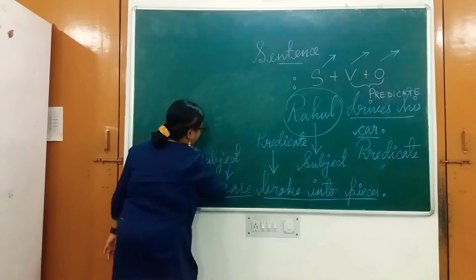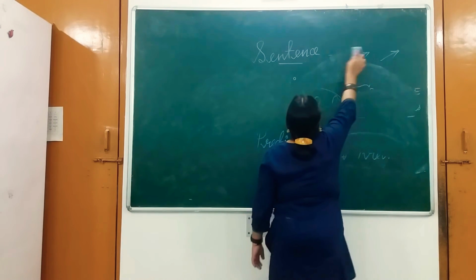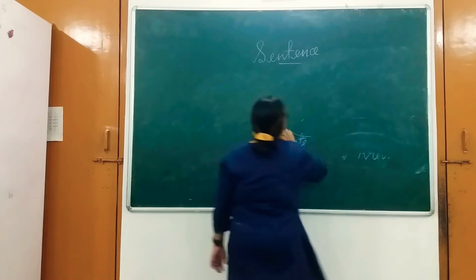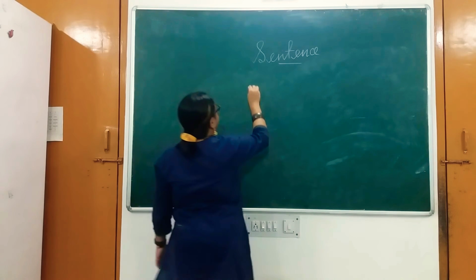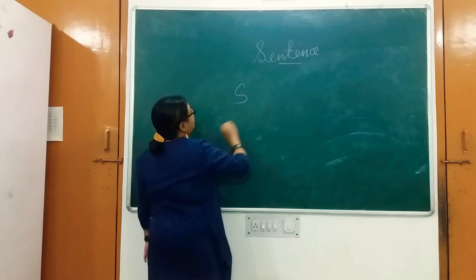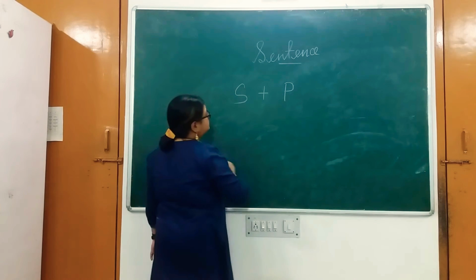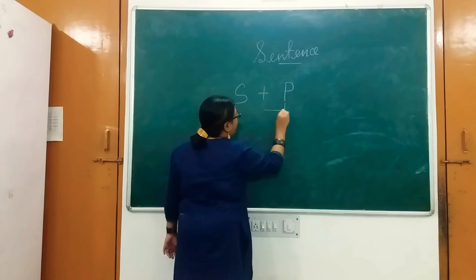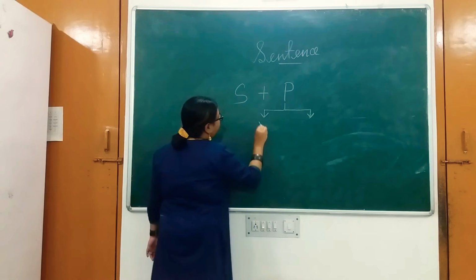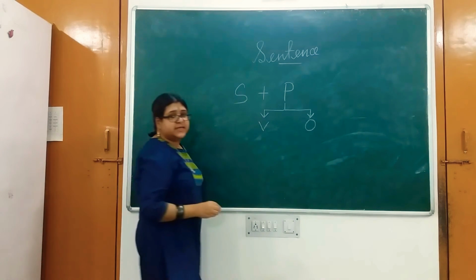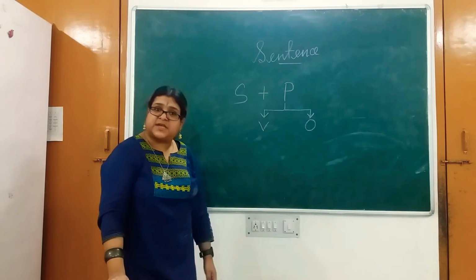The various elements which we have got introduced to are subject, predicate, and the two components of predicate are verb and object.